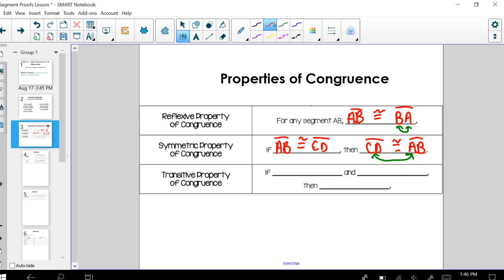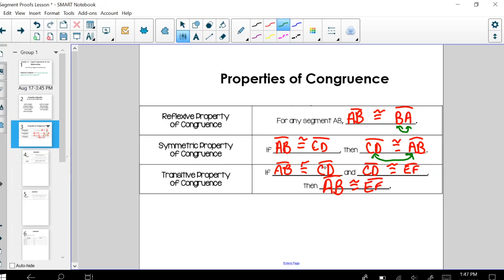So the last one that we have here is our transitive property of congruence. So if segment AB is congruent to segment CD, and segment CD is congruent to segment EF, that means that segment AB is congruent to segment EF.